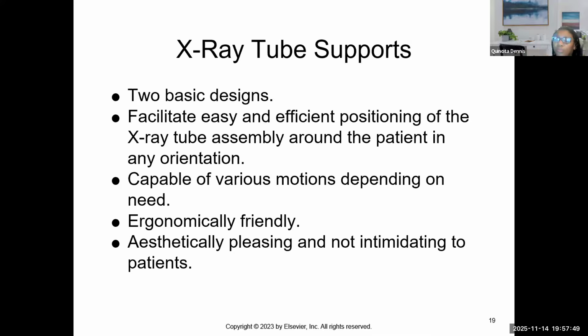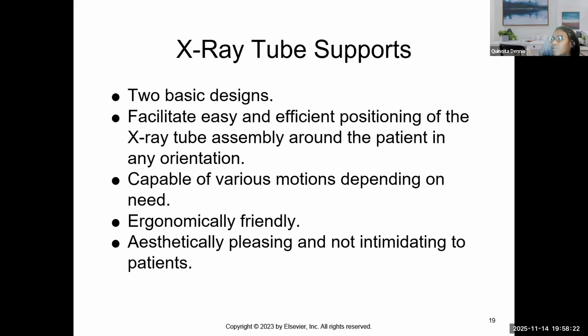So it gives you a little bit more flexibility when it comes to positioning the tube, especially if we need to do things like a cross table lateral, or maybe I have the patient sitting in a chair over here because it would be too difficult for me to get them on the table to do their foot. So I can put them on the chair, bring that tube way over there, lower it down to the floor and put the cassette on the floor. So it gives us a lot more versatility than the floor mounted one.